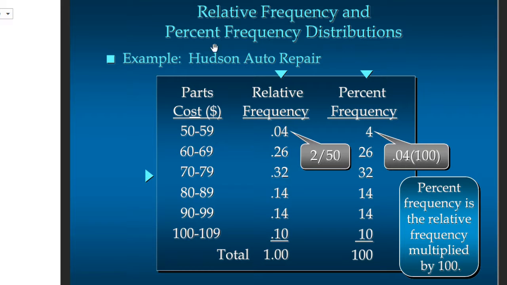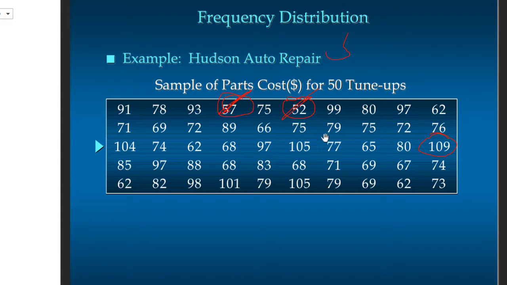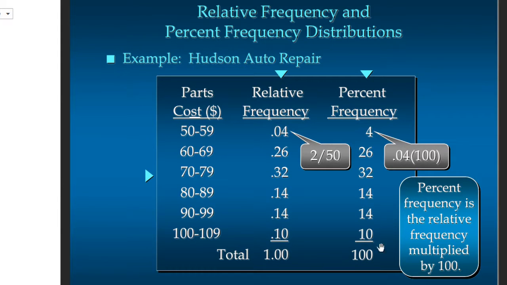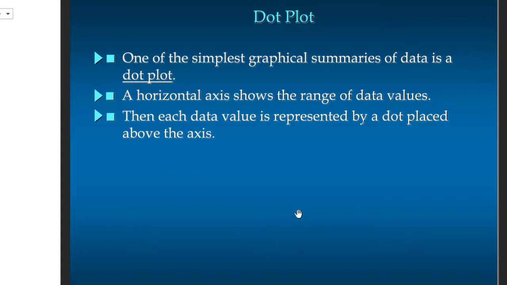So rather than looking at this entire data, once you summarize it like this, it's a lot easier to see a lot of things. So they're talking about that: 4% between this, 30% under $70, and 10% spend more than $100 and so forth.